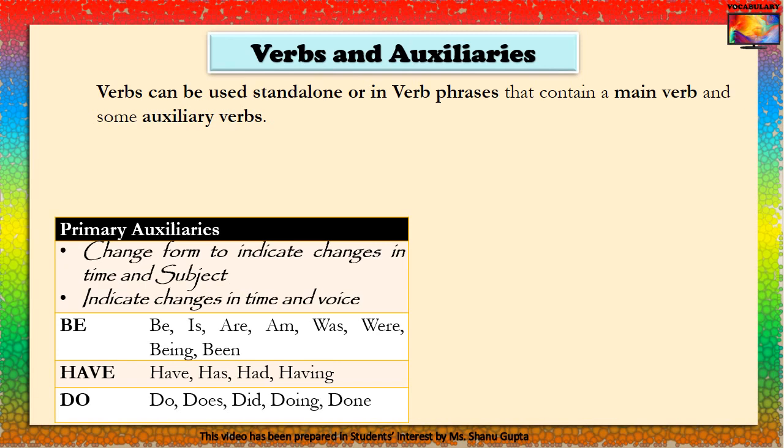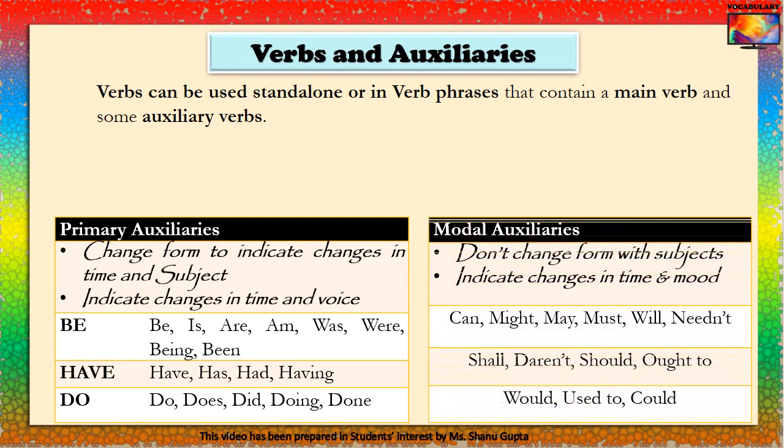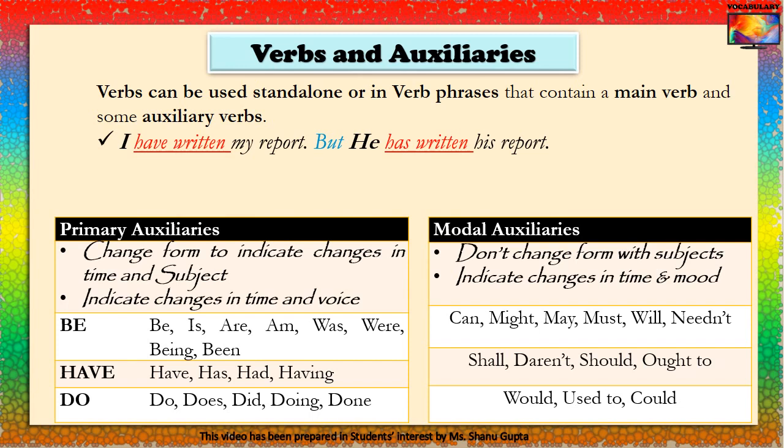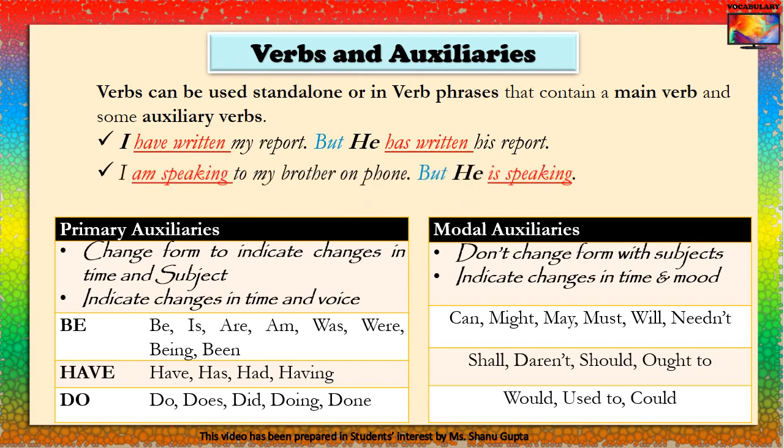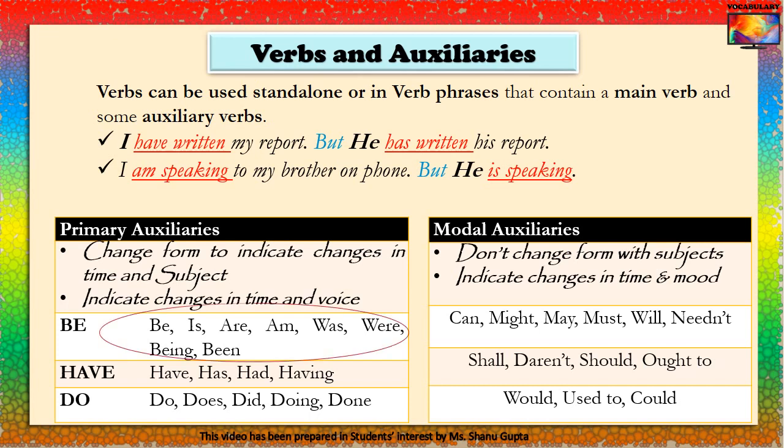Like in the sentence, "I have written my report," if the subject was he, we would have said, "He has written the report." Similarly, we say "I am speaking," but "he is speaking" and "they are speaking." We see that the auxiliary "to be" takes different forms such as am, is and are depending on who the subject is. Then there are modal auxiliaries, words like can, could, will, shall, must, etc., which don't change form according to different subjects.